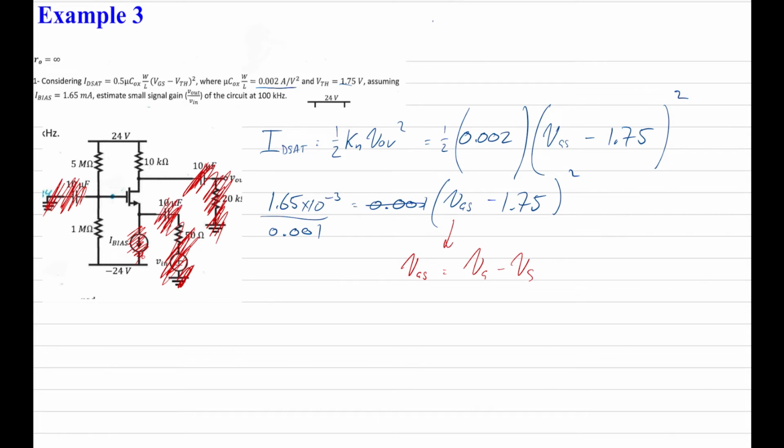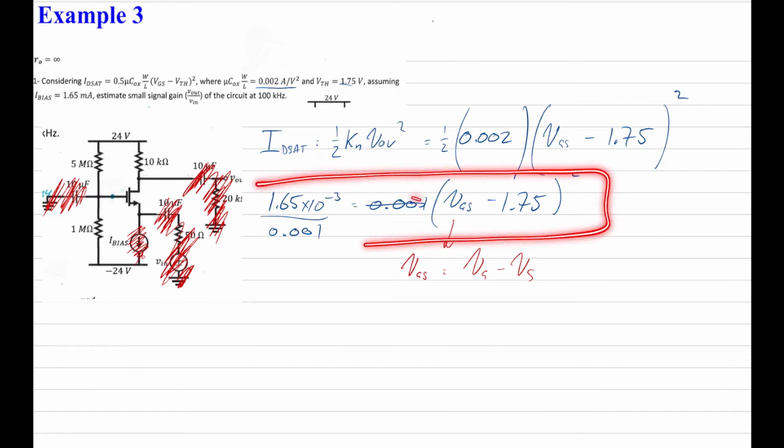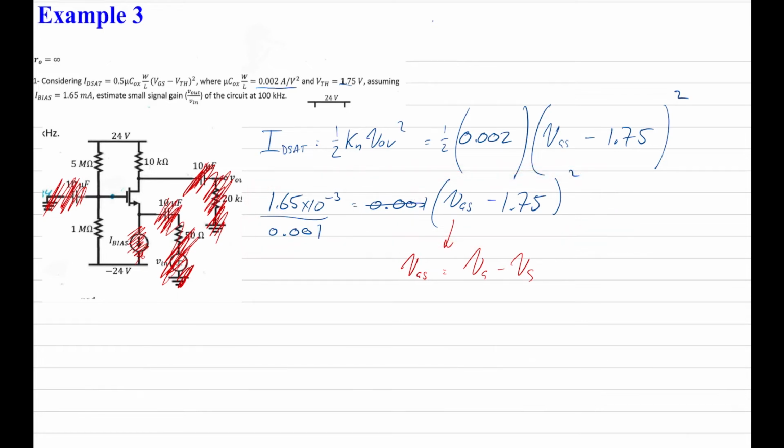And what we want to do is find the gate voltage over here, so that we can insert that into this equation over here, and then we'll be able to find the source voltage, which will be the voltage over here. So let's go ahead and do that now.